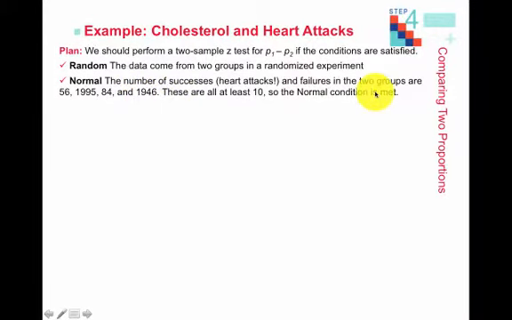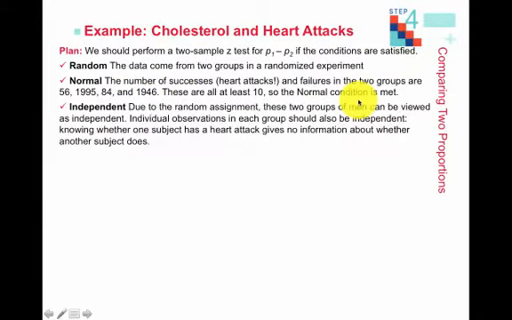Our normal condition is met. And our independence, due to the random assignment, the two groups themselves are independent. And within each group, the observations should be independent. And here, the 10% condition does not matter because whether we know the person next to us had a heart attack or not doesn't affect whether or not I have a heart attack.